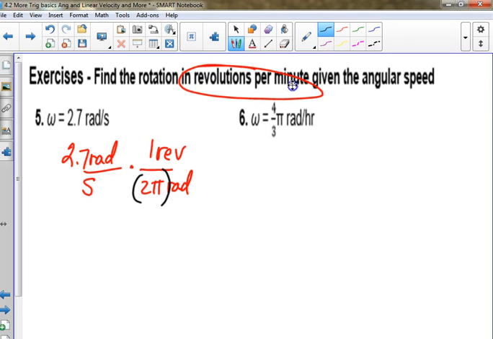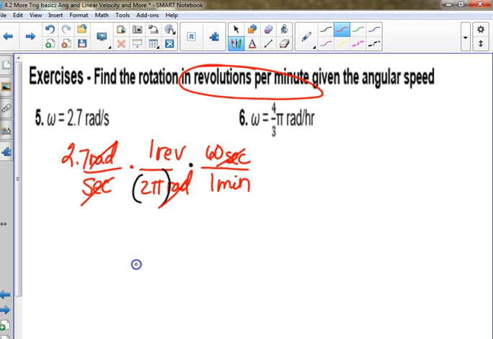It also wants this in minutes, guys. So what do we need to do to get this back to minutes? 60 seconds right now is on the bottom, seconds, right? We want to cancel seconds. So we're going to say 60 seconds is 1 minute. Okay, seconds and radians will cancel, and will we have what we want, revolutions per minute?